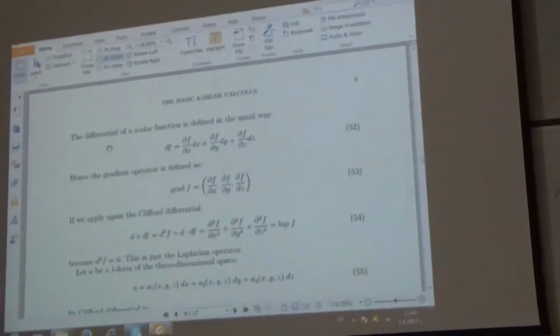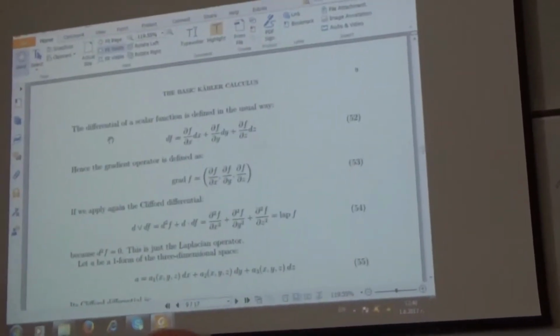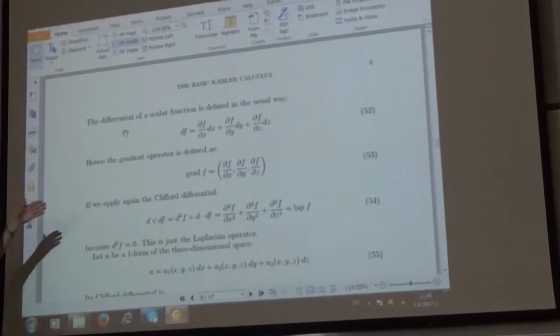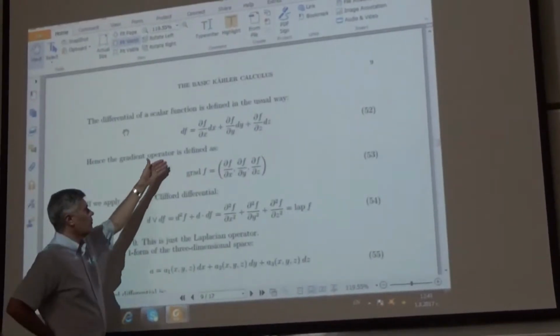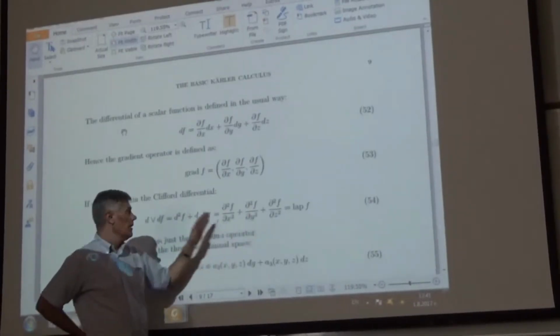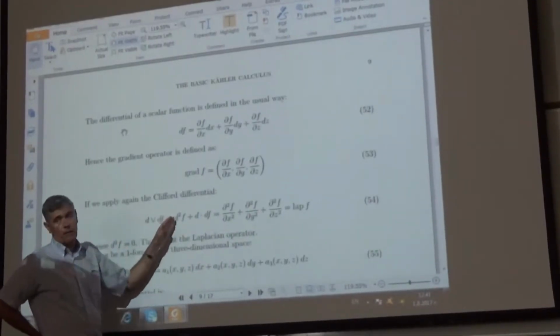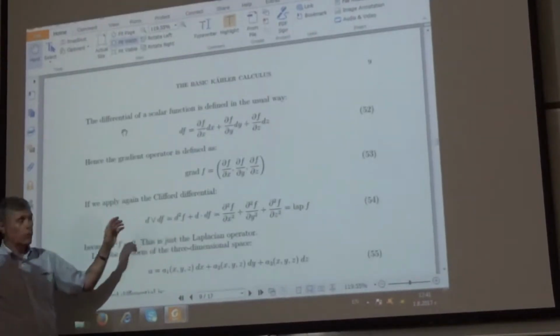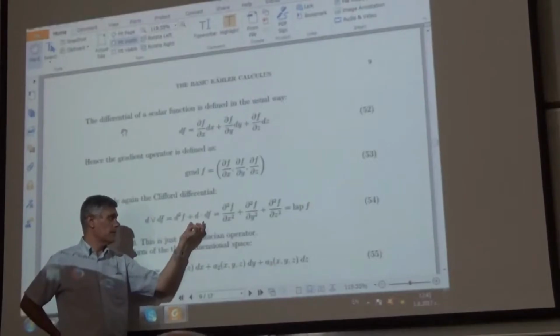Applications we will have, for instance, in differential operations. In Cartesian coordinates, they are very easy. Applying the Clifford differential twice gives just the Laplacian. The square of the exterior differential, as you know, is 0, so the only remaining term is this one.